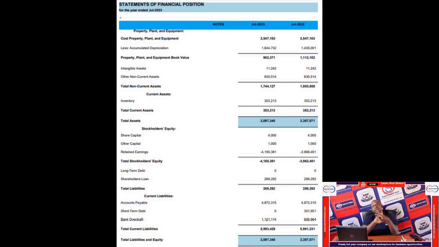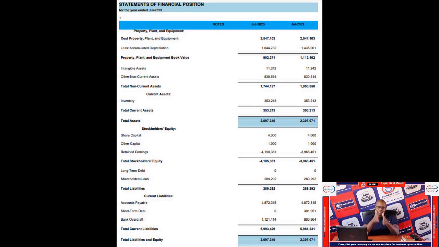Are you solvent? Are you insolvent? Are you doing well? It shows the position going forward, whether you have strength and a proper foundation to perform. So the balance sheet tests your strength or your position at a given point.